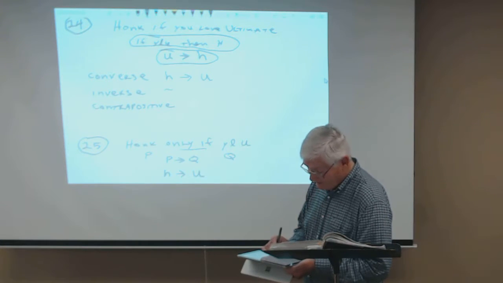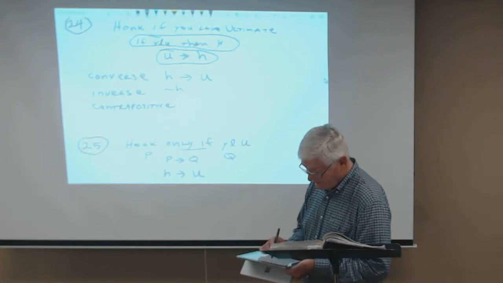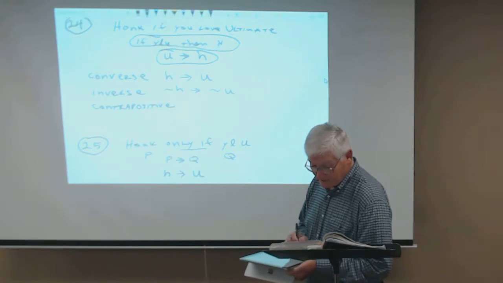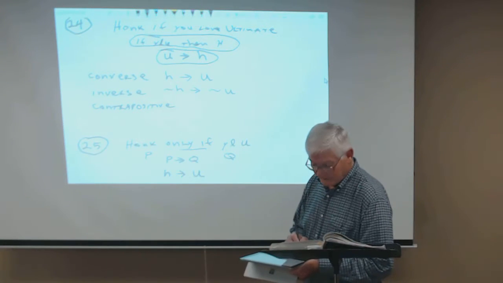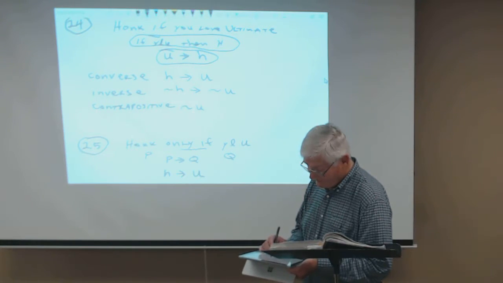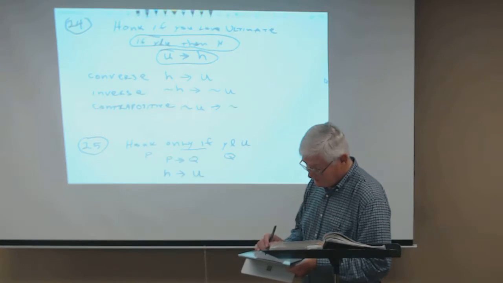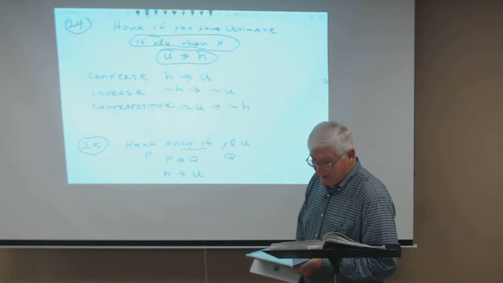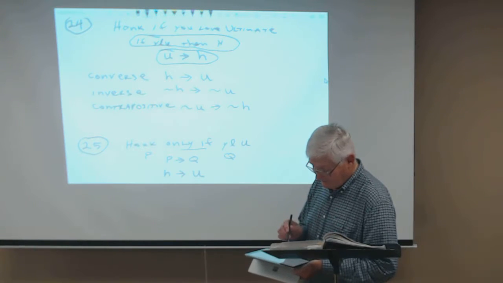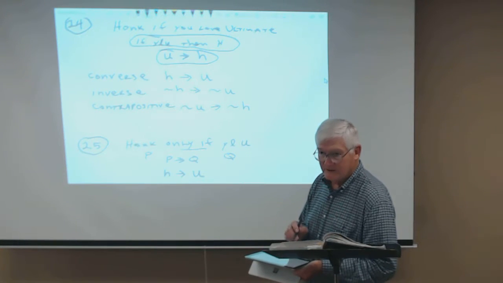If not what? If not H, then not U. That's the inverse. Now, what's the contrapositive? If not U, then not H. Everybody follow that? The converse, the inverse, and the contrapositive.